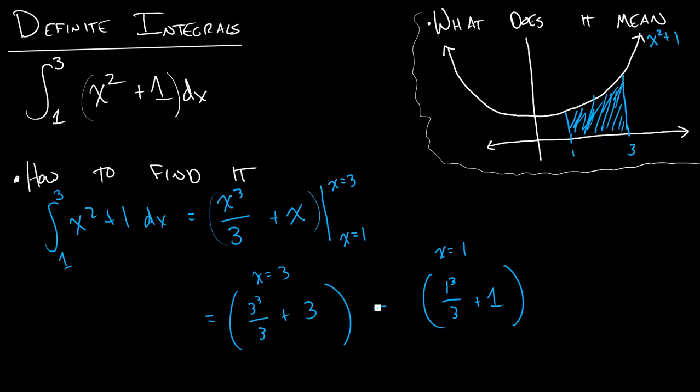And I'm going to take the difference of these two values. So this is really going to be 12 minus 4/3. And if you work that out in your calculator, you'll see that you have 32/3.